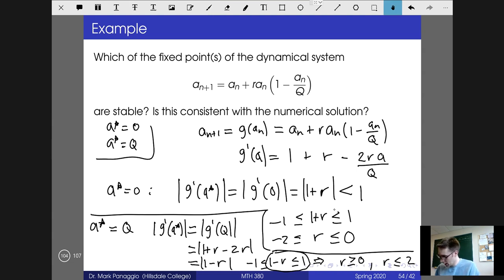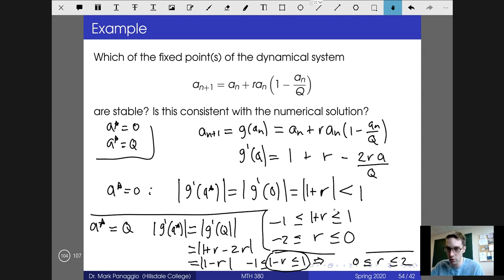Okay? And so when we put those all together, if r is between 0 and 2, then we can conclude that we have a stable fixed point of Q. All right, so those are our predictions.